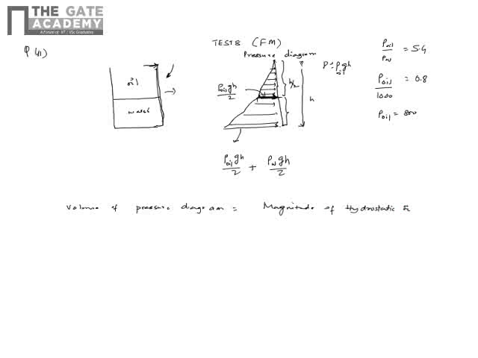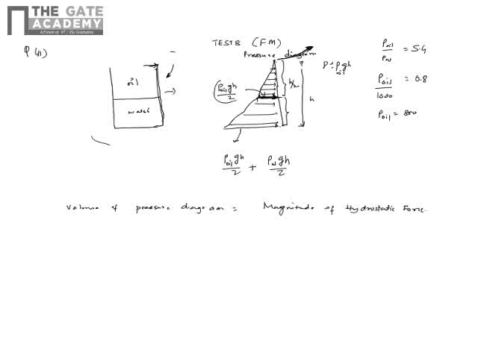So how do I compute this pressure diagram? Well, this is just the front view. Any cross section I take looks like this pressure diagram, and along the depth it will have the same distribution, just extruded along this depth. So how do I get the volume of this?